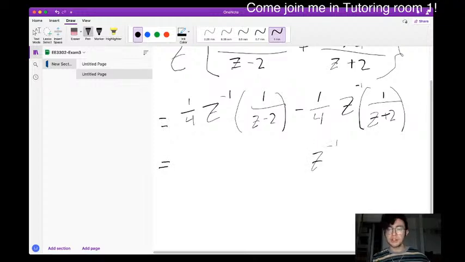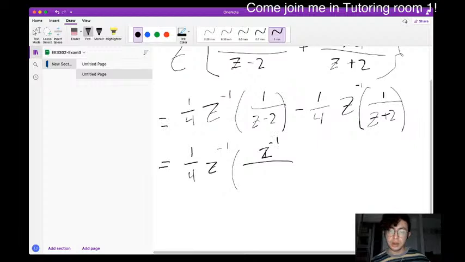So let me multiply by 1 on both of these. I'm going to multiply whatever's inside our Z transform by Z minus 1 over Z minus 1. So we're multiplying by 1.